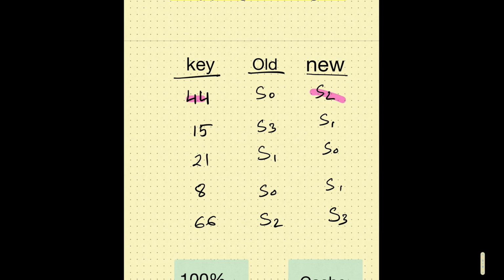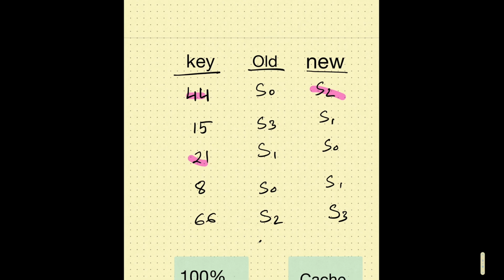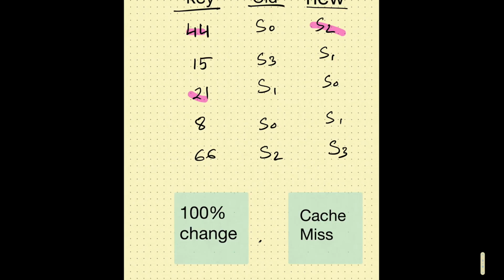For user ID 15, it was in server 3, now it's in 1. For 21, it was in 1, now it's 0. And for 8 and 66, similarly, the machines have changed. So just because we increased our number of servers from 4 to 7, all our mappings have changed.